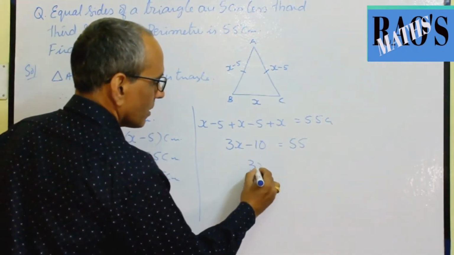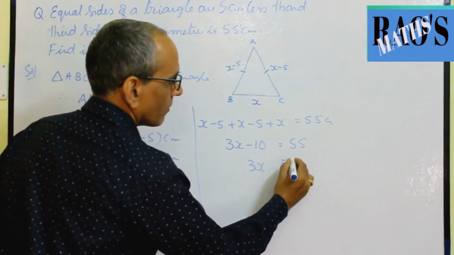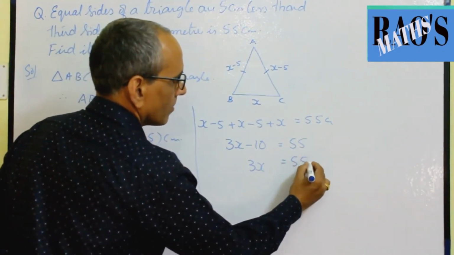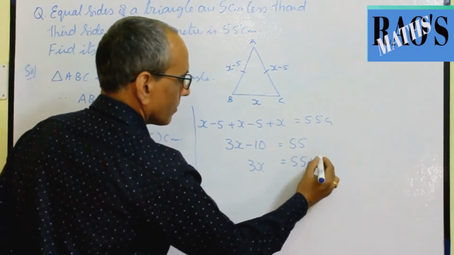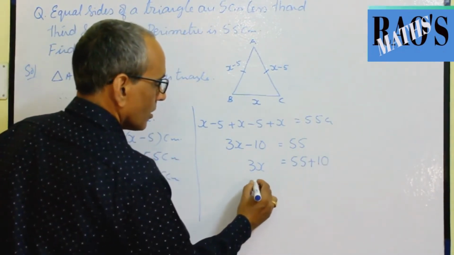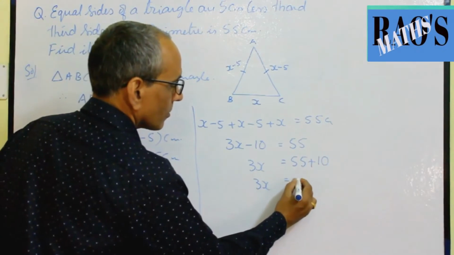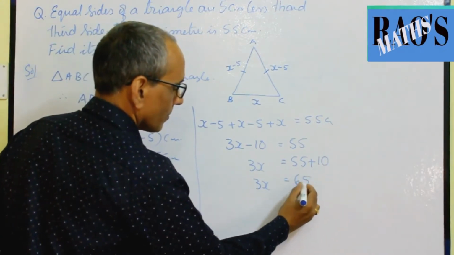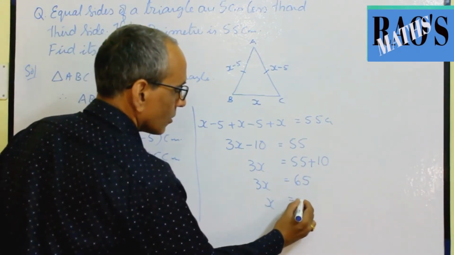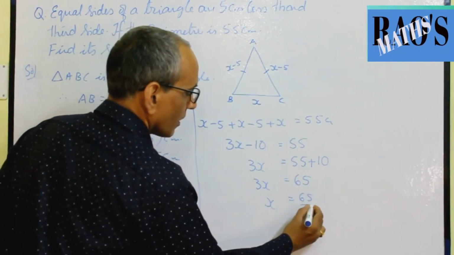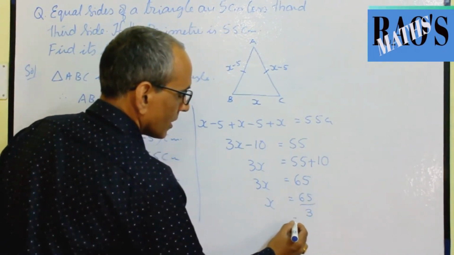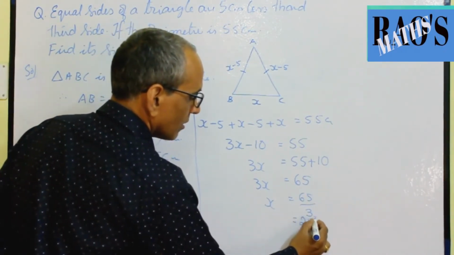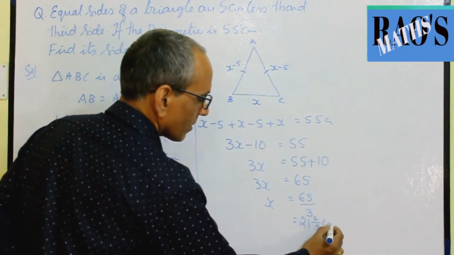This is a simple equation. By transposing one by one, we get x plus 10. So 3x is equal to 65. x is equal to 65 by 3, that is 21 2 by 3 centimeter.